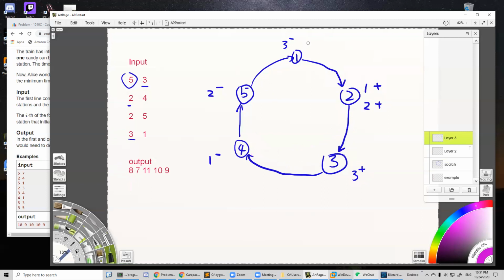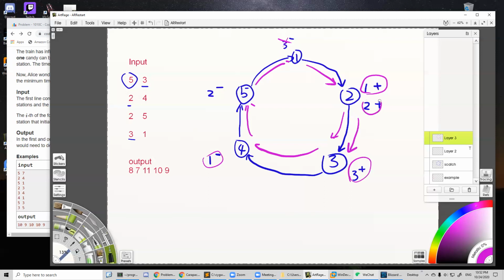So let's take a look at the case where we start from the second station. First we pick up, let's say we pick up 1 this time. So 1, 2. At this station we pick up 3. 2, drop off 1. 3, 4, drop off 3. 5, 6.